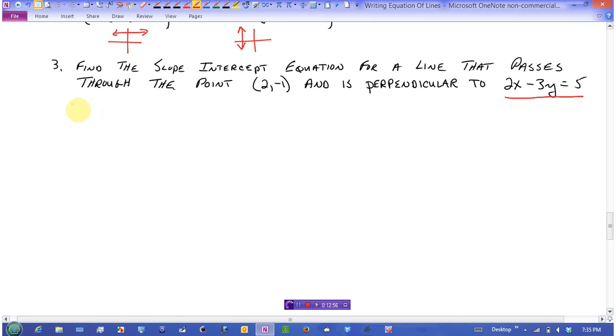So let's take this 2x minus 3y equal 5 and change it to slope-intercept form. So I have a minus 3y is equal to 2x plus 5. Dividing both sides by -3, I have y is equal to a -2/3 x minus 5/3.